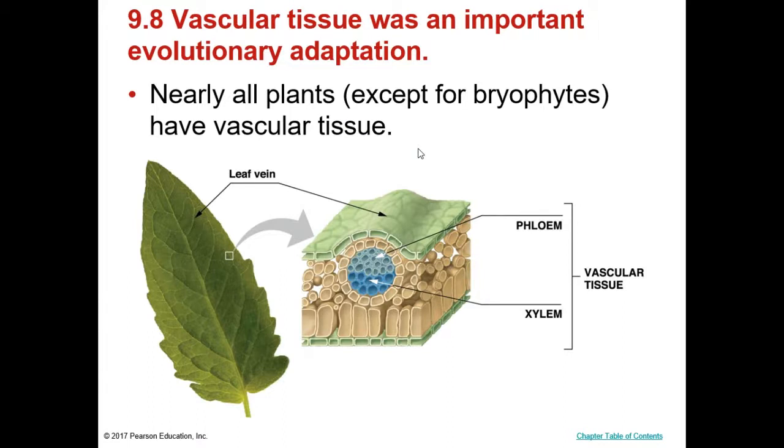As mentioned, almost all plants have vascular tissue. The only exception is the bryophytes, right? Again, why is that? Well, because it turns out that vascular tissue is a lot more successful in terms of survival and thriving in most environments.